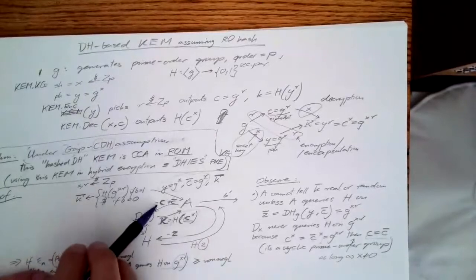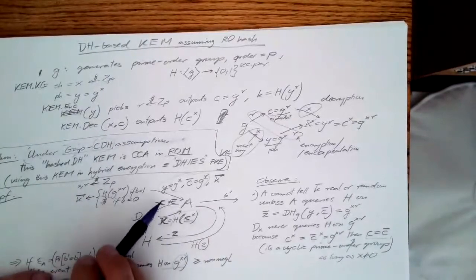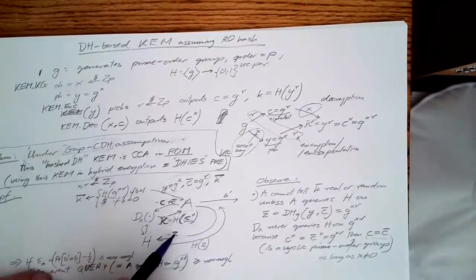In the case C and Z are in the proper relation, namely Z is C to the X, then at that point the reduction would make H output the same value that it output here.